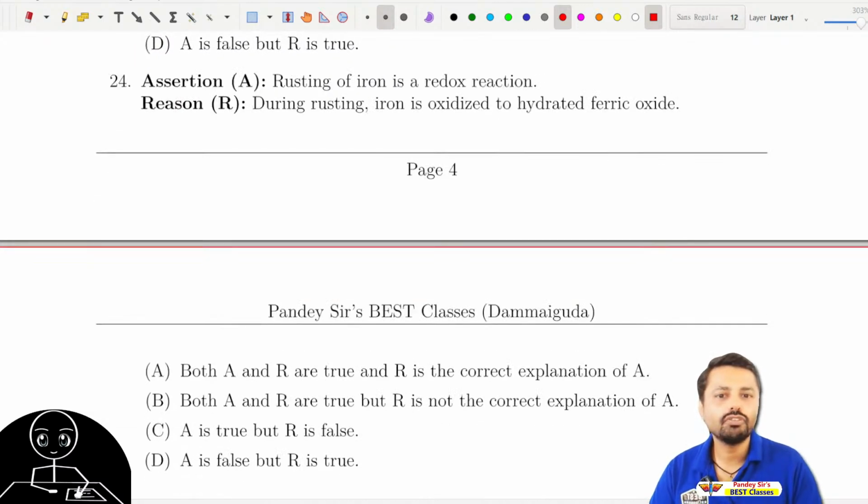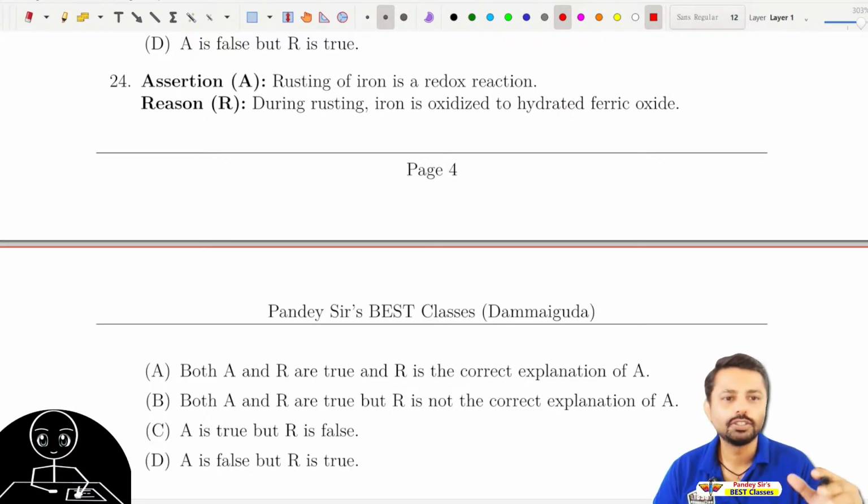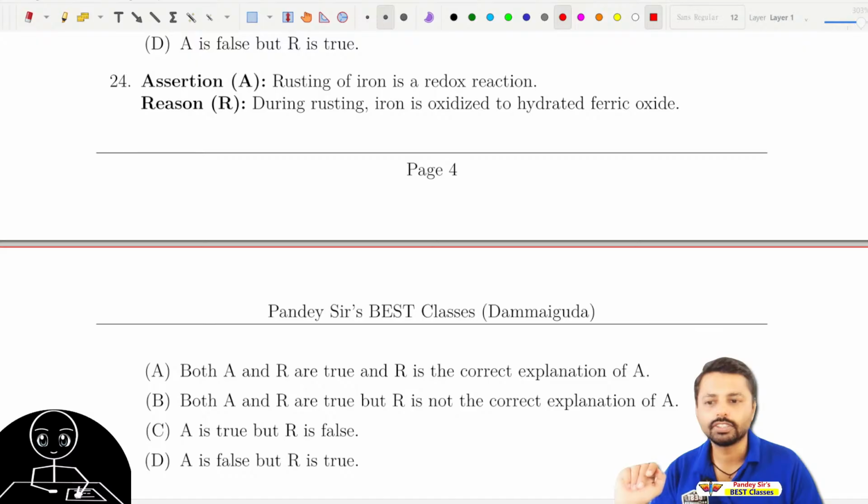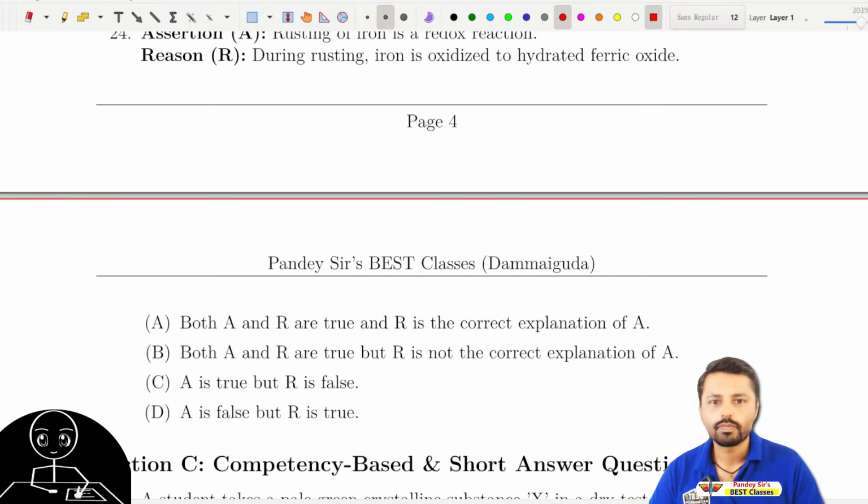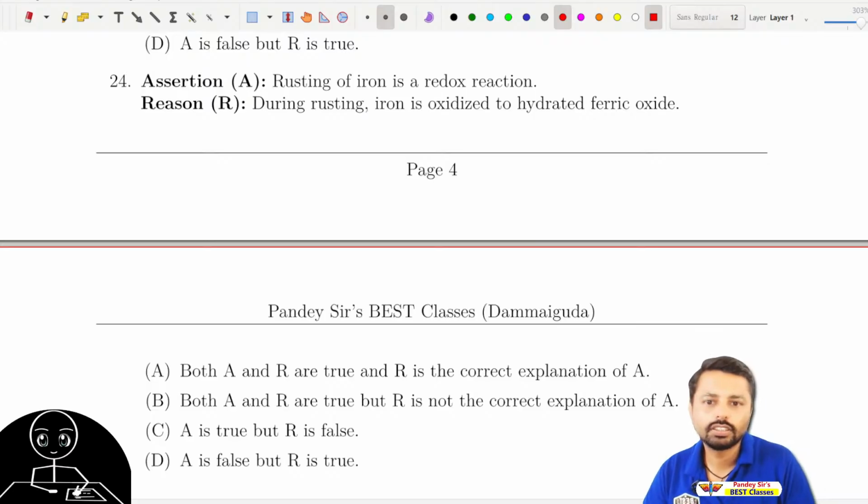Anyway, assertion: rusting of iron is a redox reaction. Reason: during rusting, iron is oxidized to hydrated ferric oxide. This is a little bit tricky, try this one. Rusting of iron is a redox reaction because during rusting, iron is oxidized to hydrated ferric oxide.